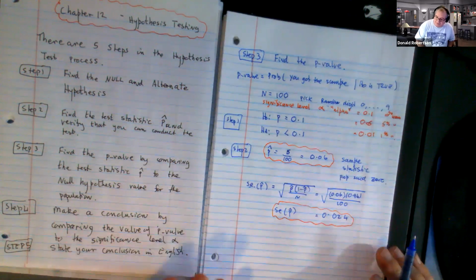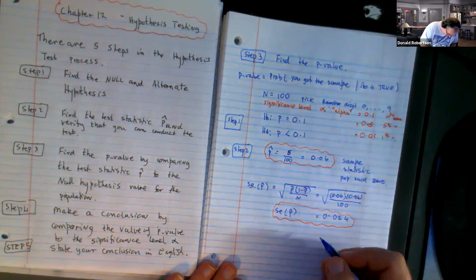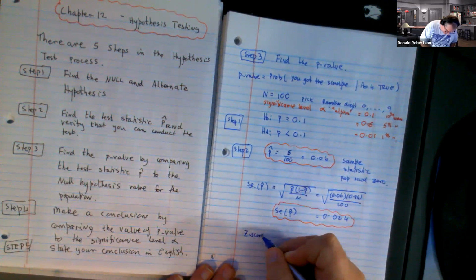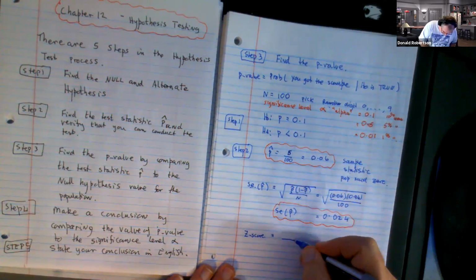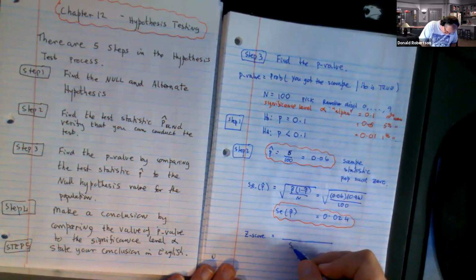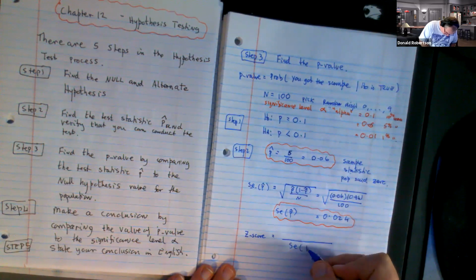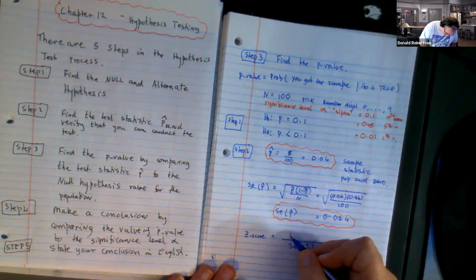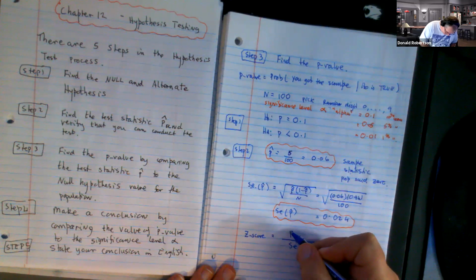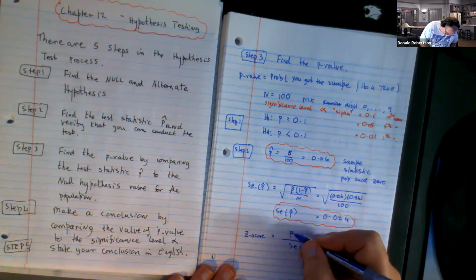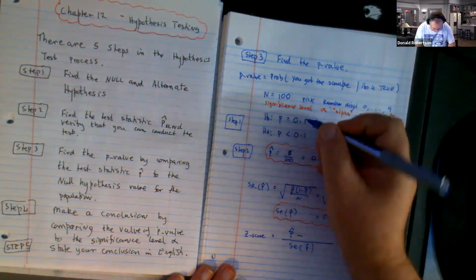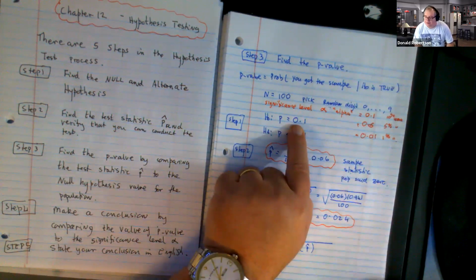So far, so good. What you do next is you get a guy called the z-score. There are lots of versions of the z-score going around. They all have the same basic structure, but in this case, it's going to be p hat, take away this number. Do you see that 0.1 there?